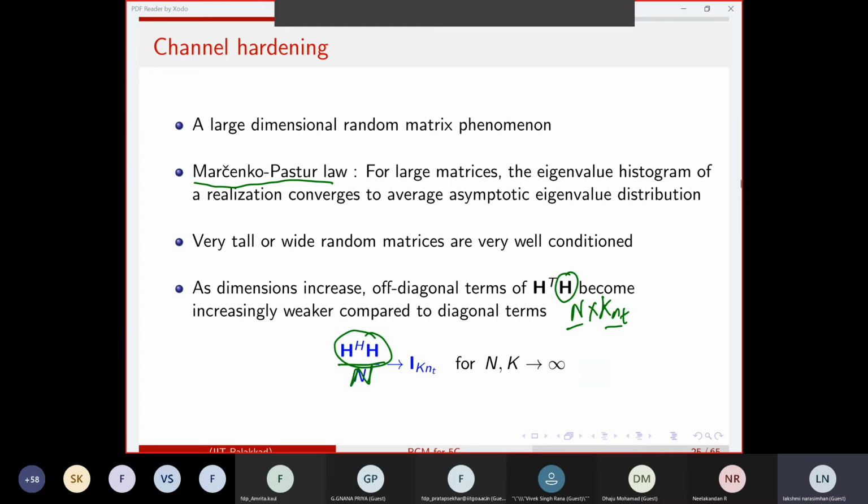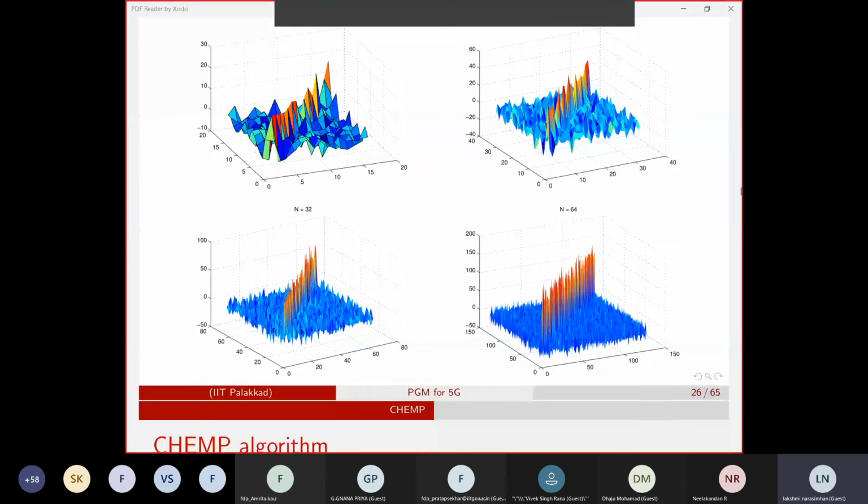This is quite interesting because H is a random matrix. It can be anything, but whatever instance it is, you just randomly take a channel matrix, compute H Hermitian H, and normalize with the dimension, and it will look very close to an identity matrix.